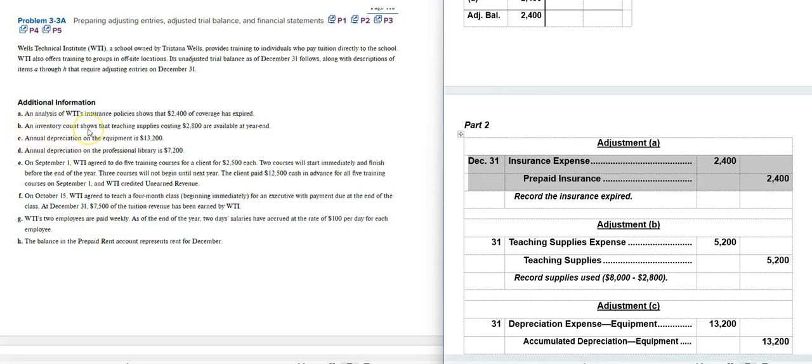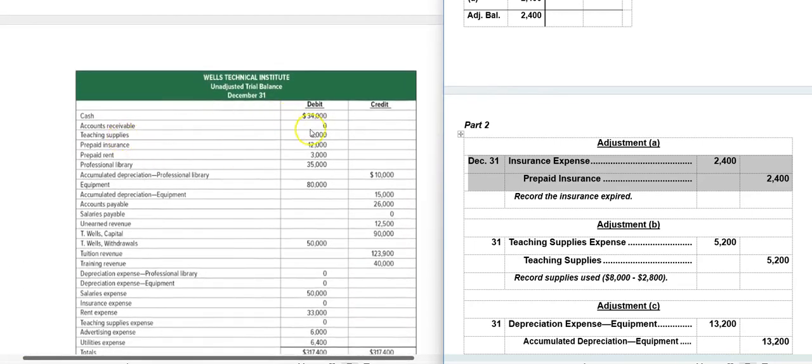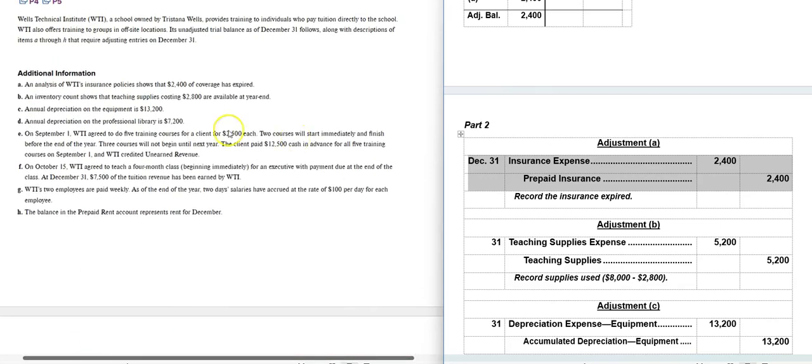The second adjustment, we did an inventory count, and it shows that the teaching supplies of $2,800 are still available at year end. If I look right now at the balance in the teaching supplies account, there's an $8,000 balance recorded in that account. So right now the asset has a balance of $8,000, but only $2,800 are available at year end.